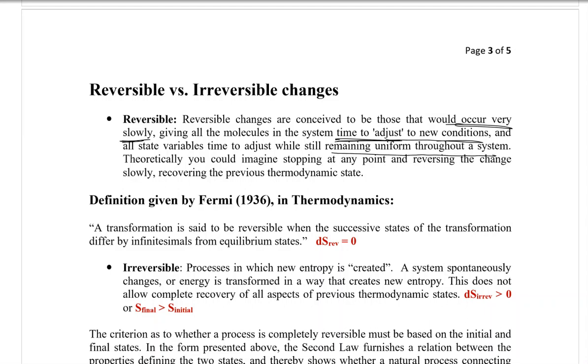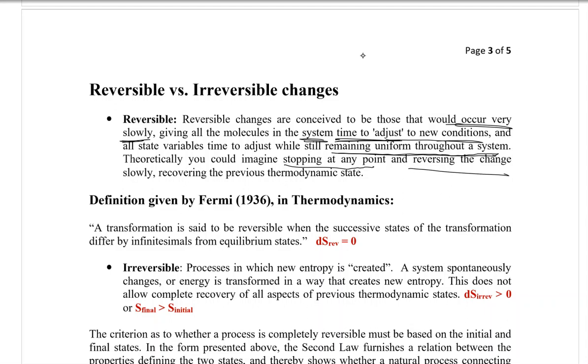So what we are saying is that the process is moving at such a slow pace, a quasi-equilibrium process, that the system has sufficient time to adjust to a new condition and remains uniform throughout the system. Theoretically, we could stop at any small point and reverse the change.